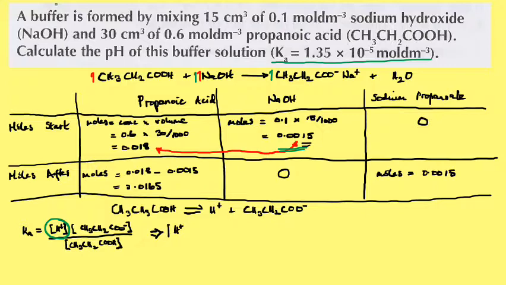So the hydrogen ion concentration is going to be equal to Ka times the concentration of the acid divided by the concentration of the propanoate.